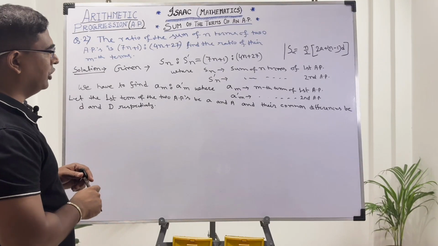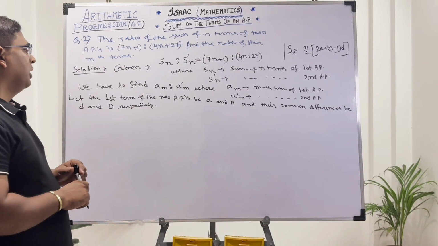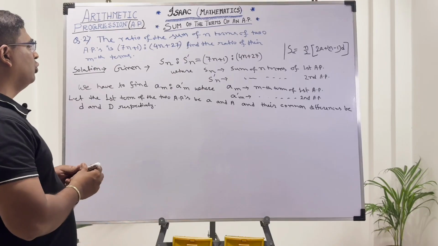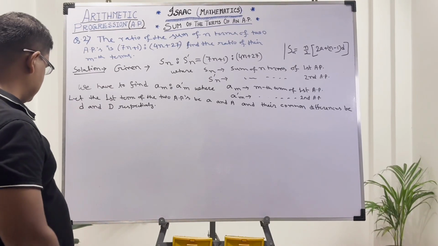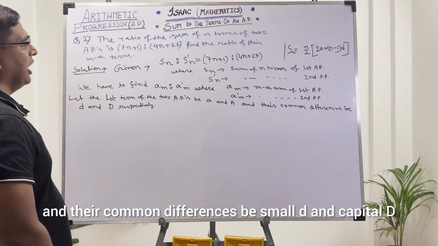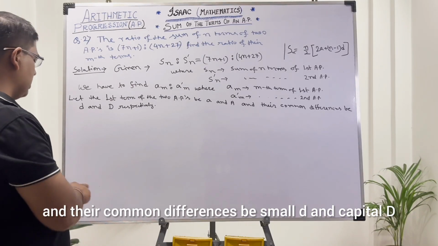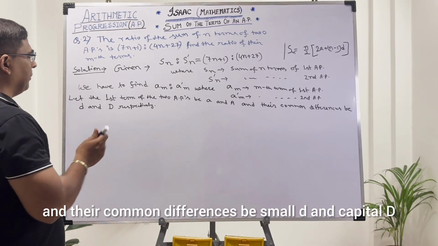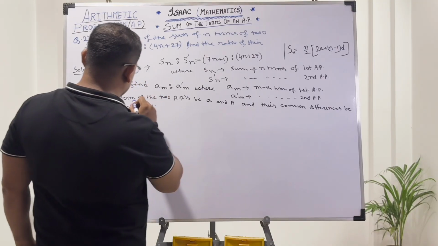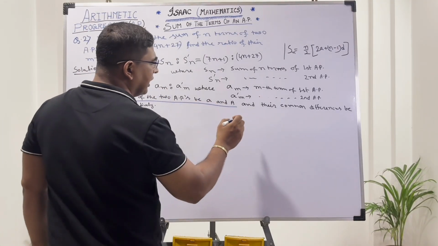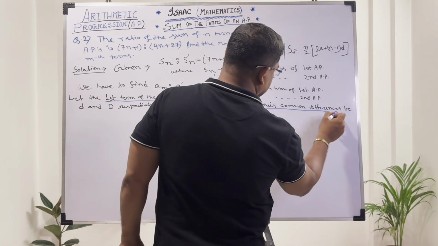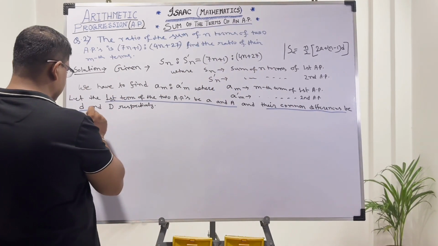Okay. So here we choose first term of the two APs be small a and capital A, and their common differences be small d and capital D, respectively.